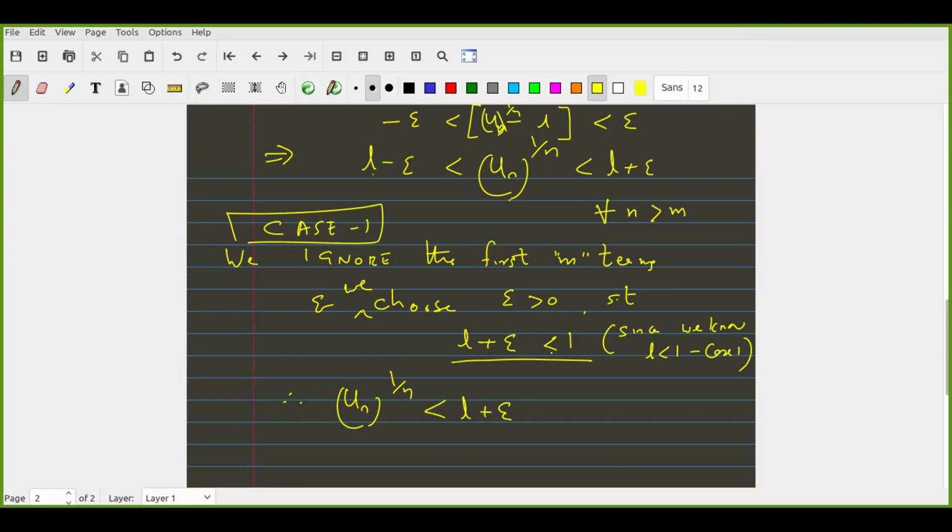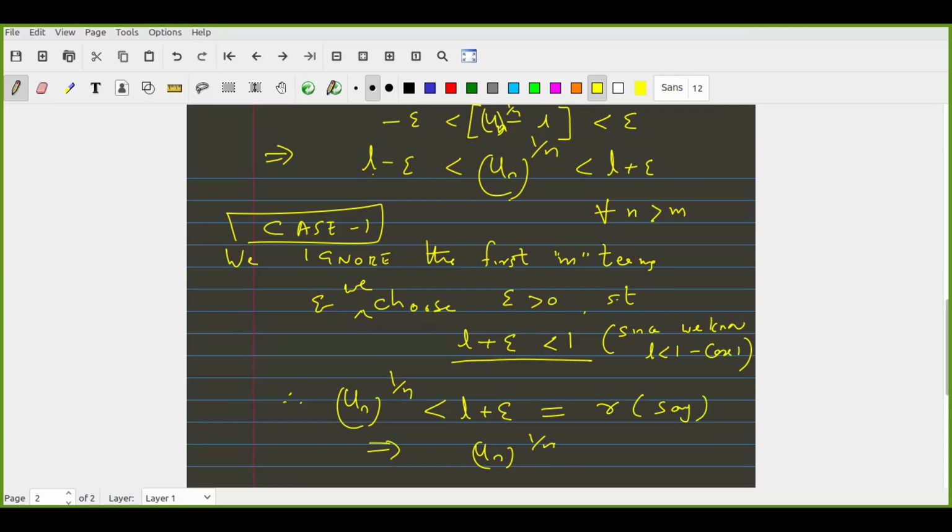And because I'm saying L plus epsilon is less than 1, I can simply say this implies un power 1 by n is less than, we may call it r, which is a less than 1 term.